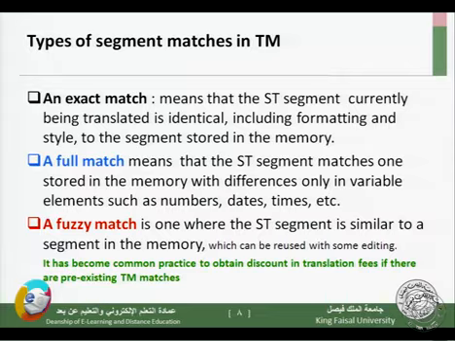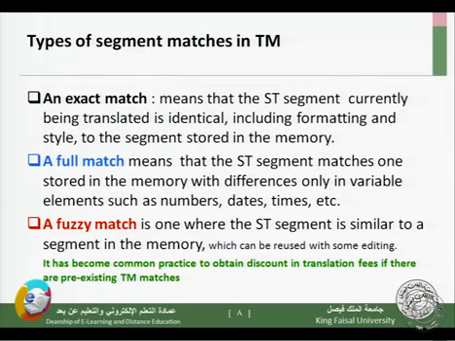Now, if it has some differences in certain elements such as numbers, dates, times, and so on, then you cannot say it is an exact match. It is called a full match because there are differences in numbers, in dates, and so on. So this is the second type of match. It is called full match.